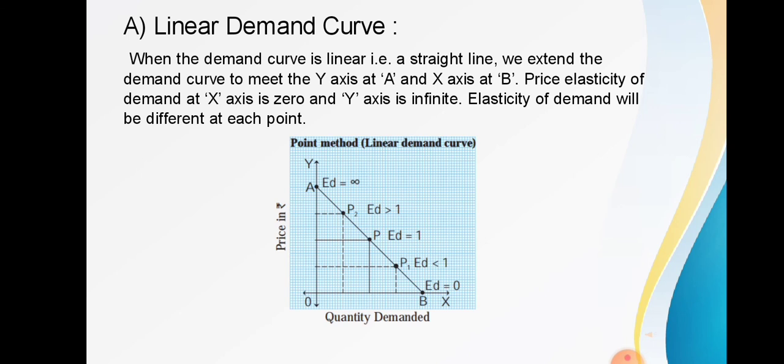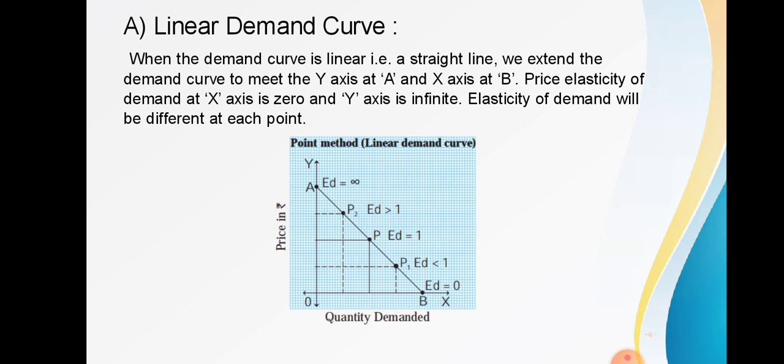Now similarly, at point P it is L upon U. L means lower segment and U is equal to upper segment. Suppose at P, below P it is 2 centimeters and above P it is 2 centimeters. So 2 upon 2 is equal to 1. So elasticity of demand at point P is equal to 1, which is unitary elastic.